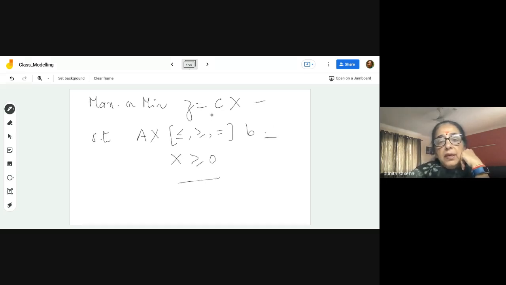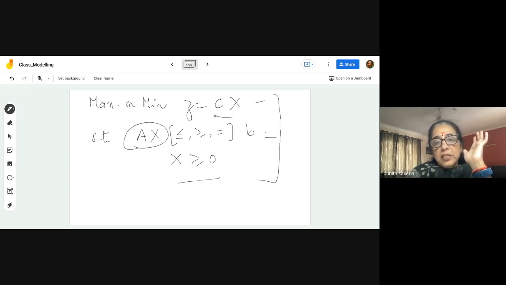So this is how a typical linear programming problem will look. Of course, I'm assuming that this product exists, and this equality exists, so that the matrix requirements are being satisfied here.